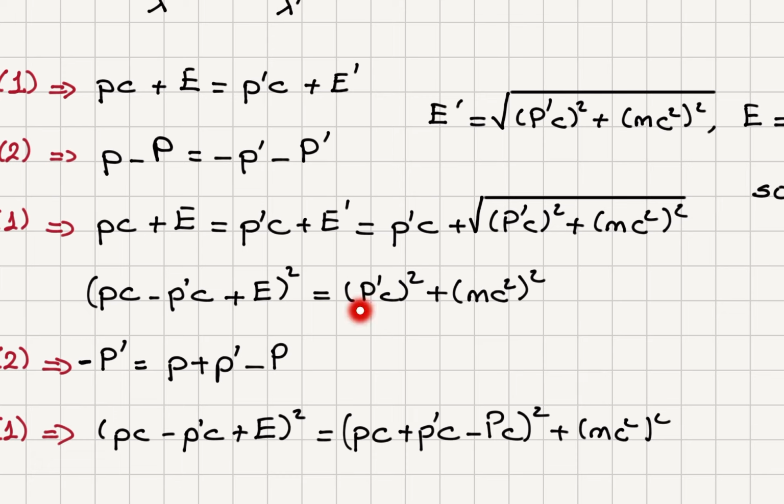So I have substituted for p prime c this equation multiplied by c. And since it's the square, the minus sign doesn't matter.